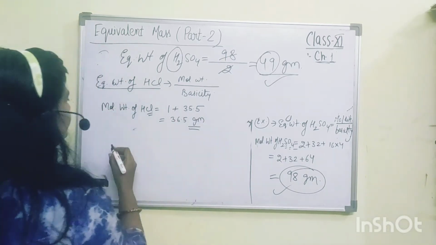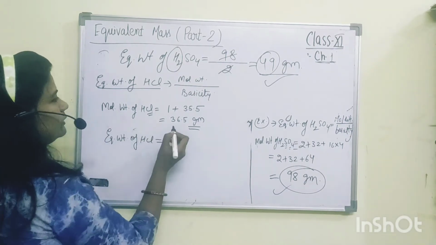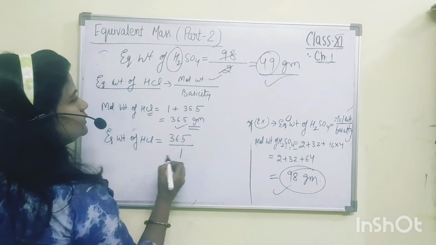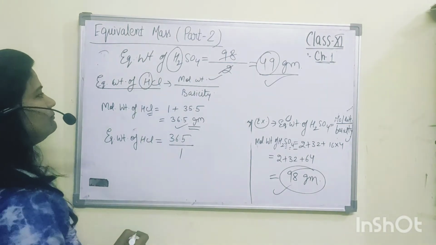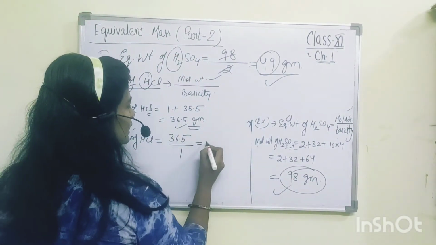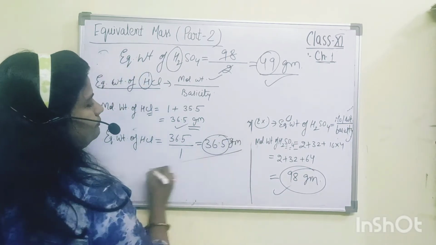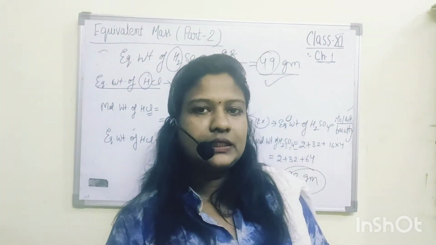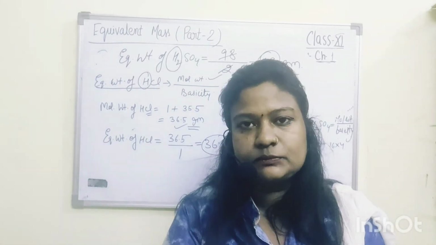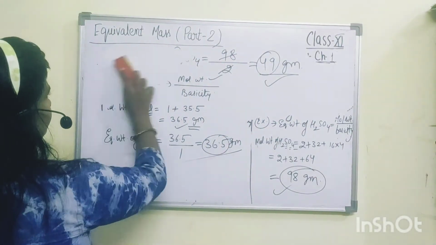Equivalent weight of HCl is molecular weight 36.5 divided by basicity 1, because the number of H plus ions liberated by HCl is 1. So the answer is the same as the molecular weight, 36.5 grams. Now the next formula is the fifth formula.